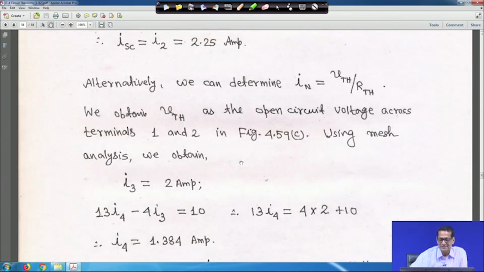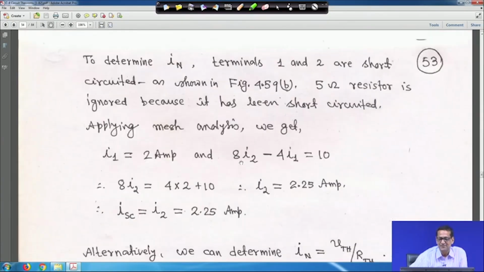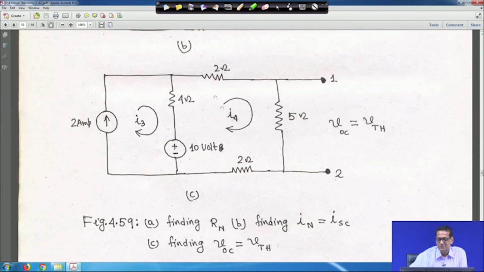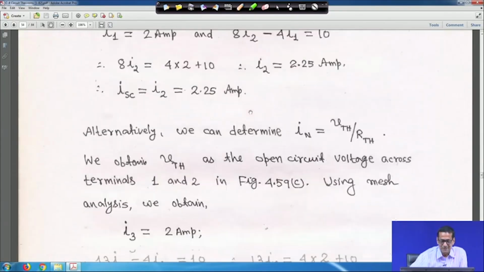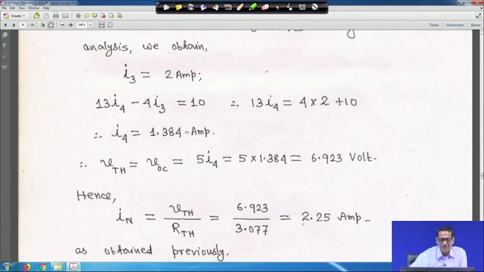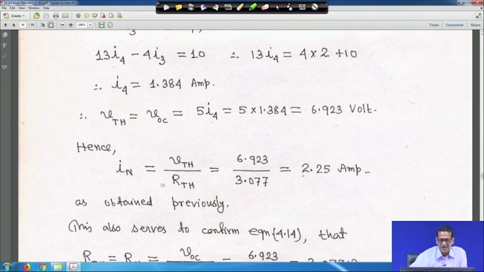If you solve this circuit, because now you know how to solve it, right, you will get I3 is equal to 2 ampere, and I4 is equal to 1.38 ampere. So, V Thevenin you will get 5 by 4, that is 6.923 volt. Therefore, I Norton is equal to V Thevenin by R Thevenin is equal to 6.923 by 3.007 is equal to 2.25 ampere.